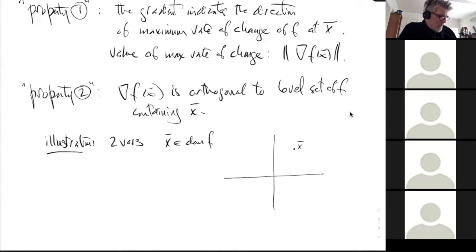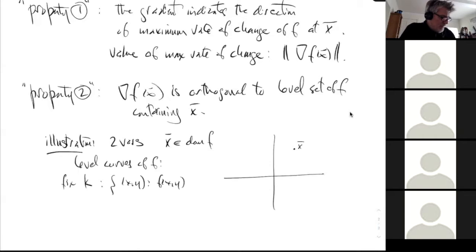And what I want to look at are the level curves of f. What are those? You fix k, and you look at all the points in the domain such that the value of the function is that value k. So these are curves on which the function, if you restrict the function to such a curve, is constant, okay? So maybe they would look like that.